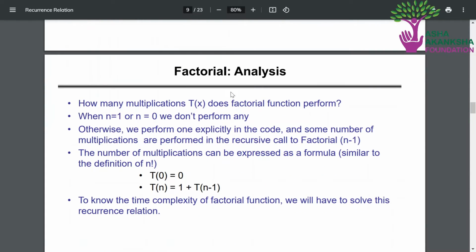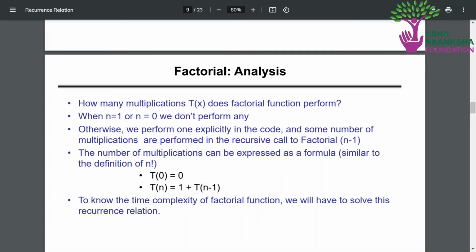If we analyze this factorial algorithm, how many multiplications does the factorial function perform? When n is equal to 1 or n is equal to 0, we don't perform any multiplication, but otherwise we perform one explicitly in the code, and some number of multiplications are performed in the recursive call to factorial of n minus 1.